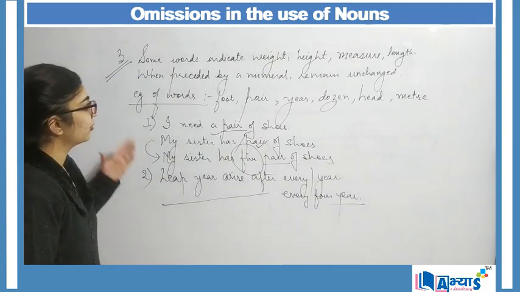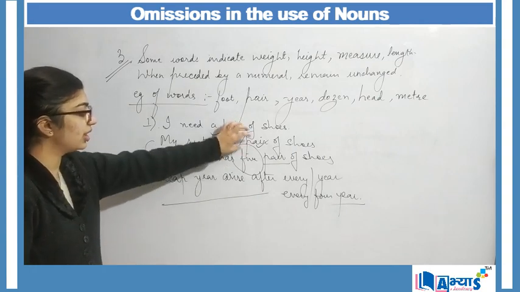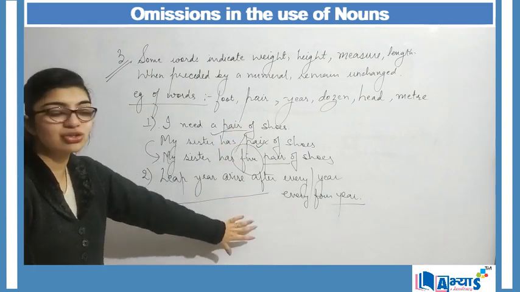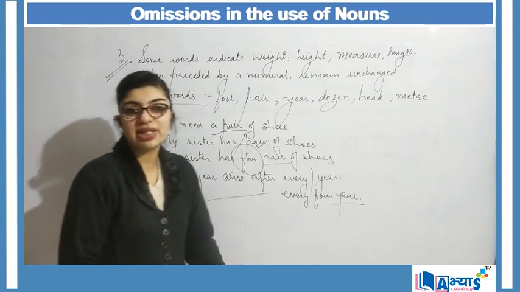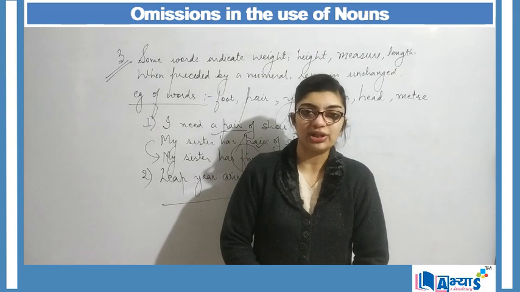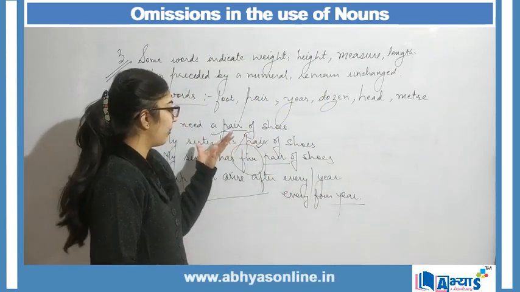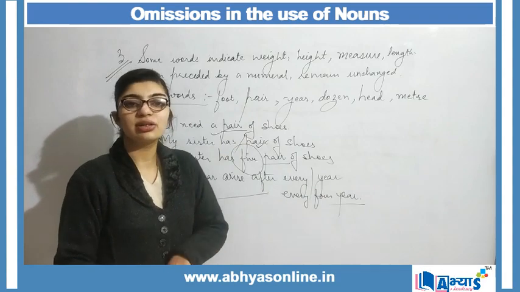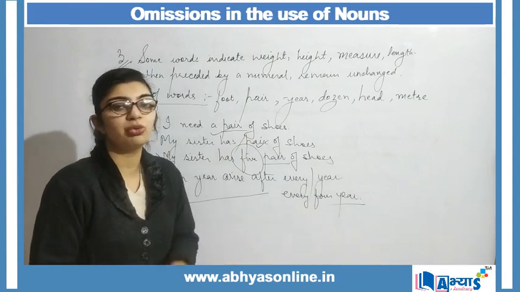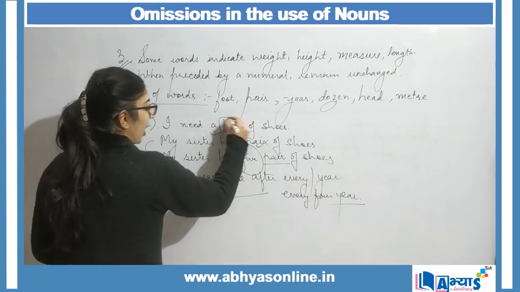So these are some of the examples of the sentences in which the words are used in such a way that even if they are preceded by a number, still their number will not change. That means that they will not take a plural form, because by default they are considered to be either singular or plural depending upon the sentence. Here we know that there is 1 pair. Why?